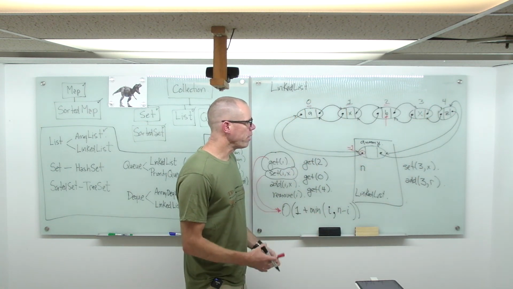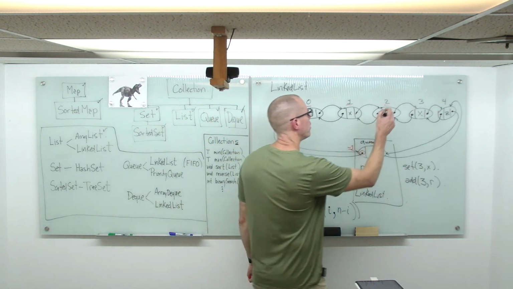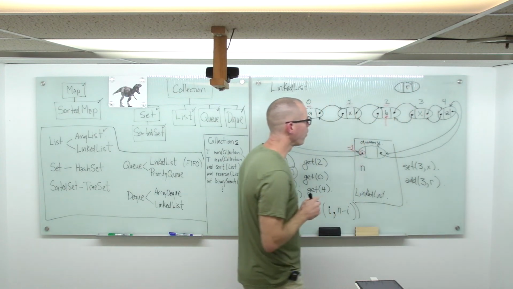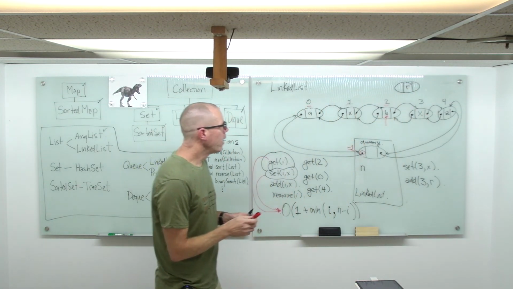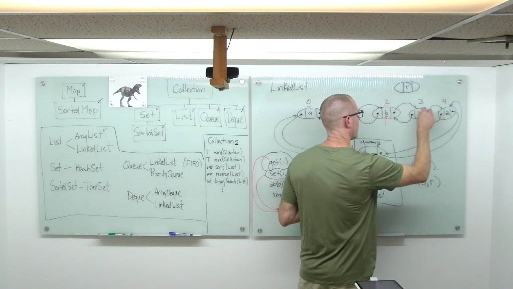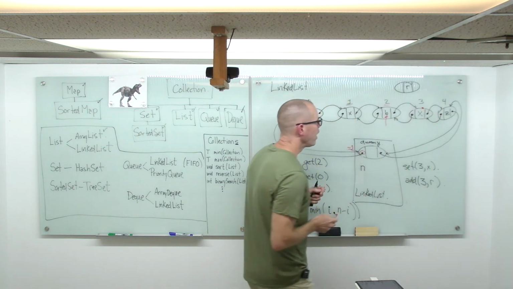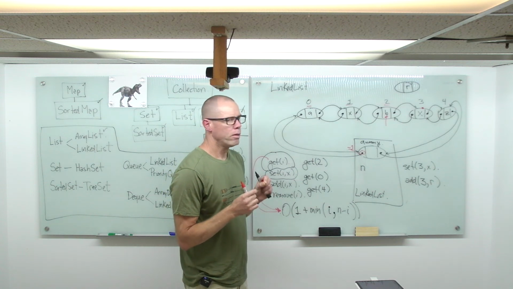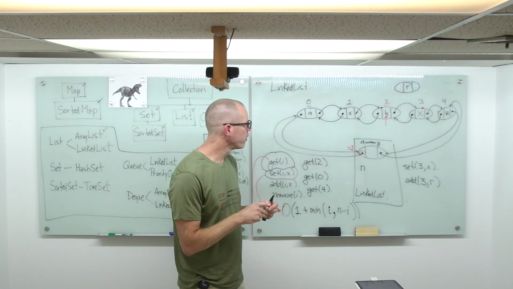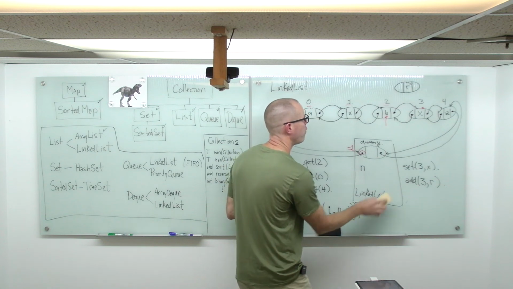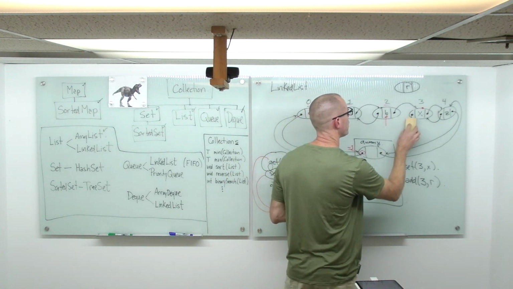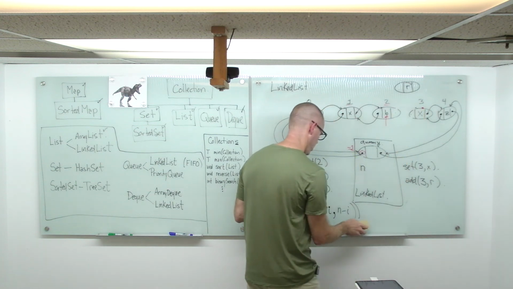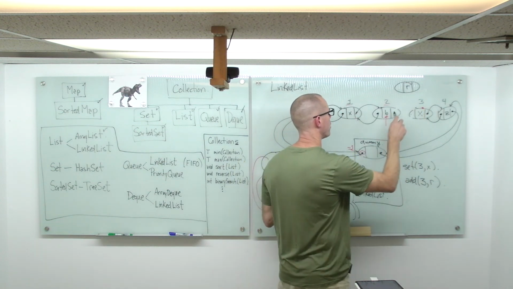Since I'm adding something, I'm going to need a new node to add. So I have to make some new node that contains the thing that I want to add. And now once I've reached this node, it's time for me to very carefully and in just the right order start changing pointers so that I finish. There's 4 pointers to change, but once you've changed them all, you finish with this picture.